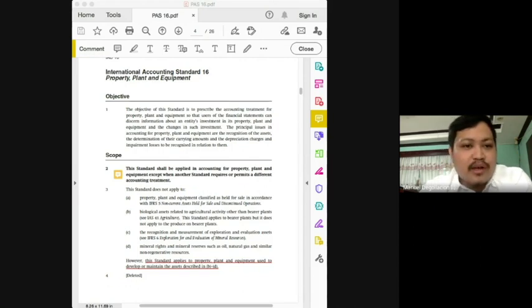You will have to spread out the cost of the PPE over the periods in which the PPE is able to provide economic benefits to the entity. That's basically the rationale or logic behind the use of depreciation. If we do not use depreciation, class, to slowly and gradually charge the cost of the asset as an expense, then the only option would be to recognize the entire value paid for the PPE as an expense.